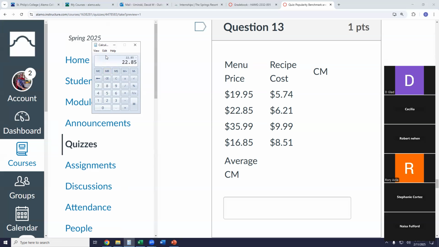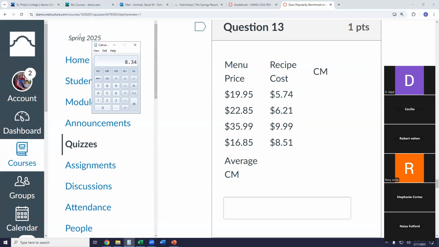So, 1664. 3599 minus 999 is 2600. And then 1685 minus 851 is 834.